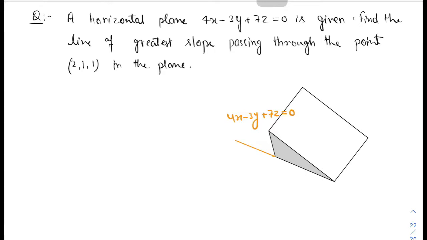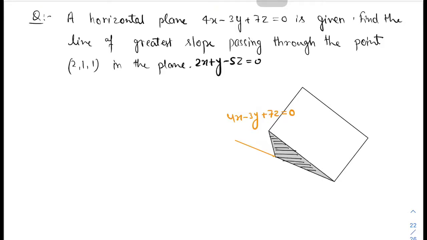And we have to find the equation of a line having greatest slope, that is passing through the point 2, 1, 1, and it is lying in the plane. Let me write the equation of the plane, which is missing here. So this plane is 2x plus y minus 5z equal to 0.